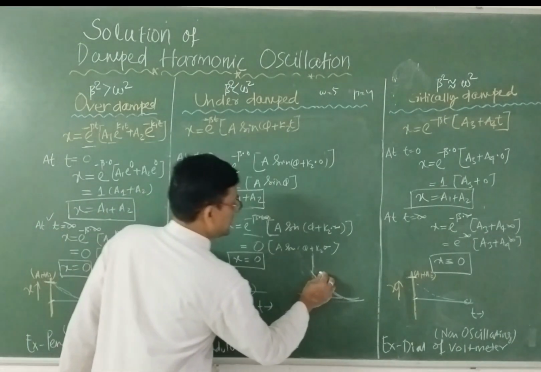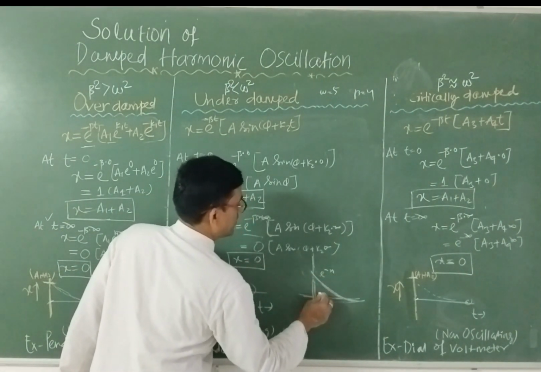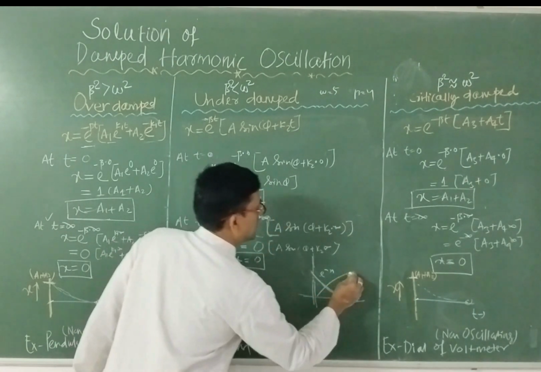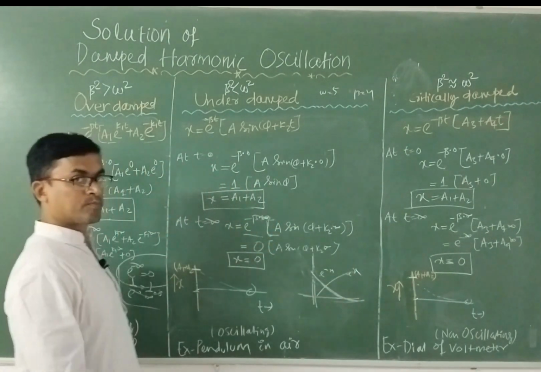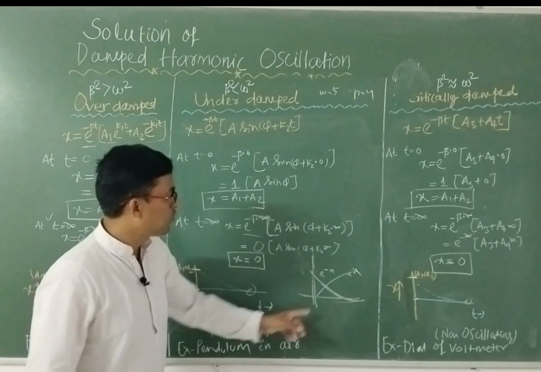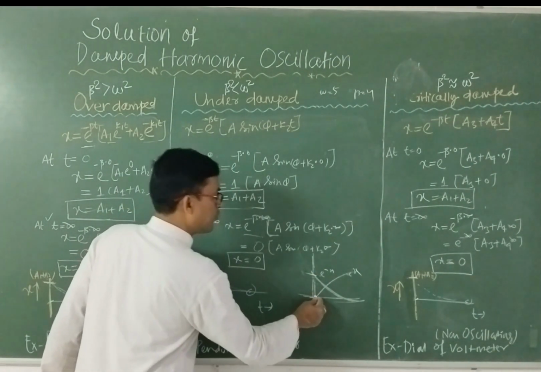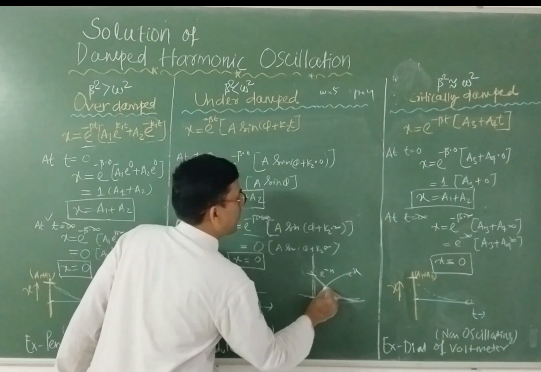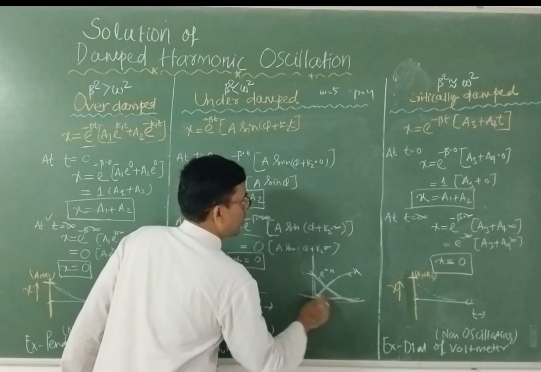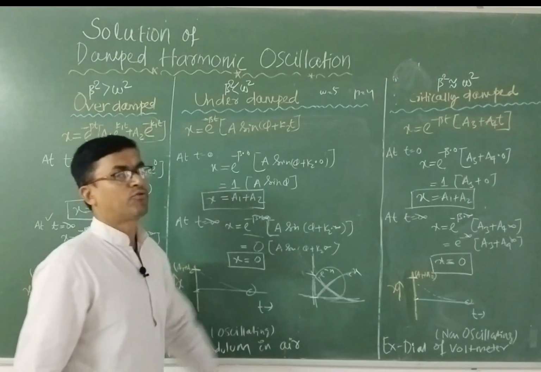So if this is e to the power minus x and you consider plus x, this is e to the power x. If you sum these two values, that means this is positive. So if you go ahead, you can find one is increasing and another is decreasing, but all this is in the positive axis.